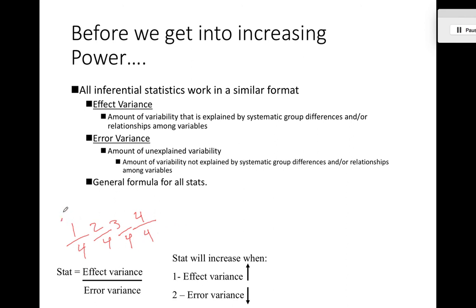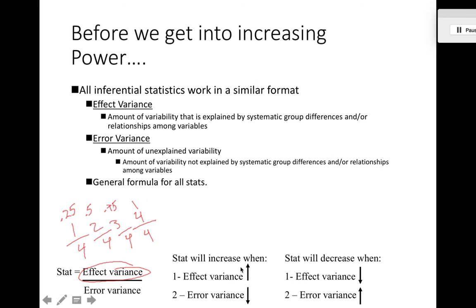So here 0.25, 0.5, 0.75, and a value of 1. So ultimately, I want more effect variance and error variance to remain constant so that my statistic becomes larger. The larger my stat, the higher the likelihood that it's going to fall into the region of rejection.